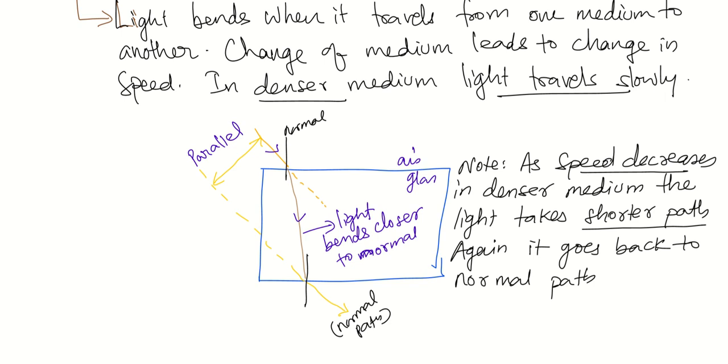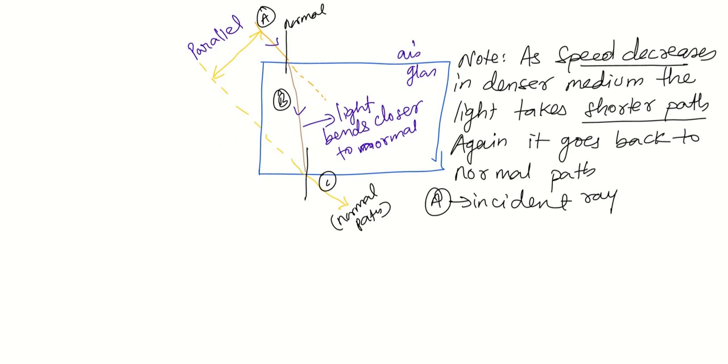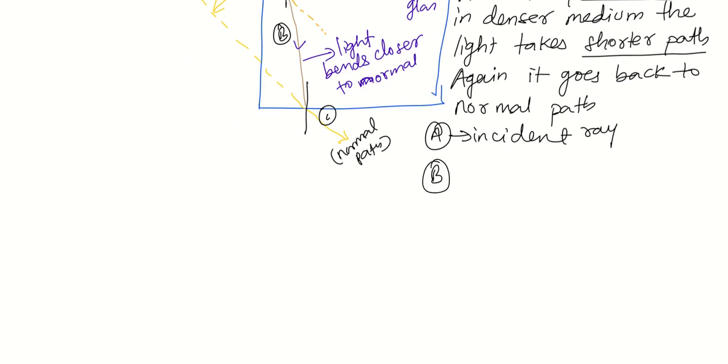So this was your incident, let's say A, let's say B, and let's say C. So your A is called your incident ray, your B is your refracted ray, and C is your emergent ray, which comes out.